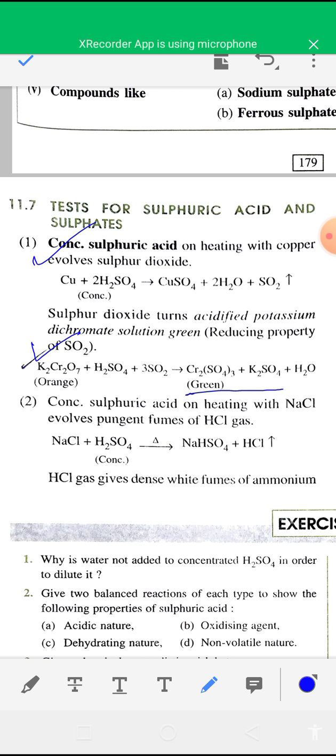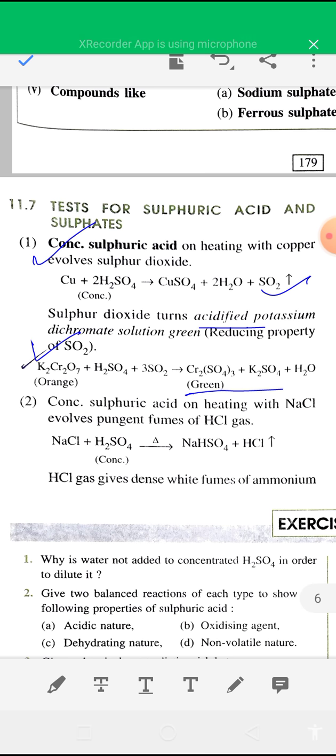Concentrated sulfuric acid on heating with copper evolves sulfur dioxide. This sulfur dioxide, when it reacts with acidified potassium dichromate solution, turns it green. The orange colored potassium dichromate solution becomes green. So this is an identification test for sulfuric acid.